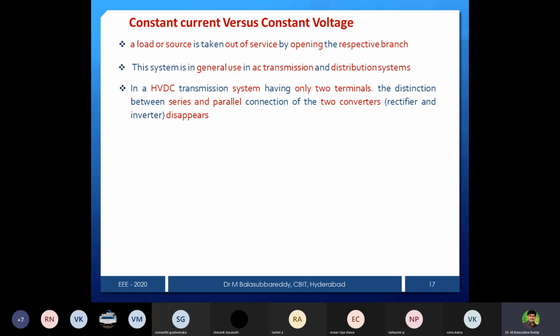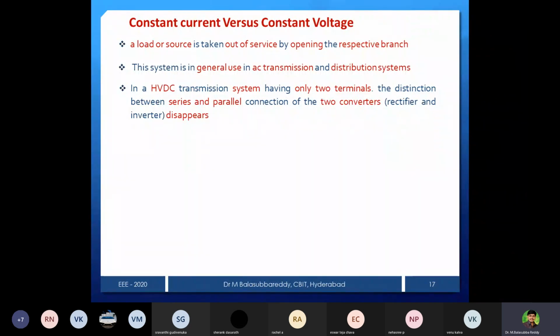The series and parallel connection of the converters disappears. So we don't bother about the inside series and parallel connections; you can do the control strategy, but finally you will get only the two terminals in and out. That is a common voltage and common current we need to operate. That is the operating point. All these things will come under later slides.